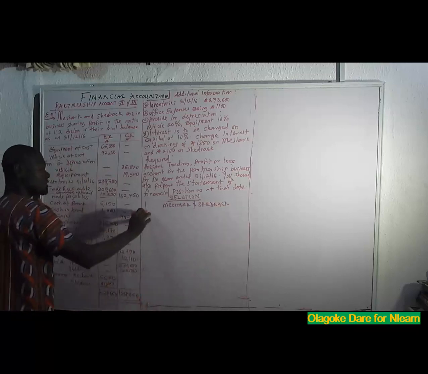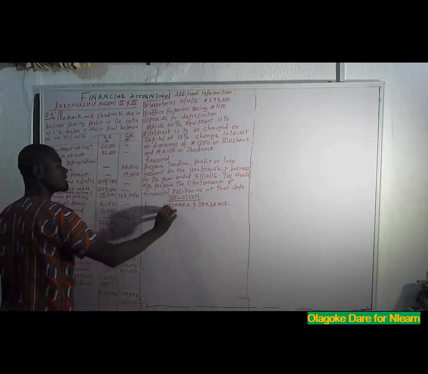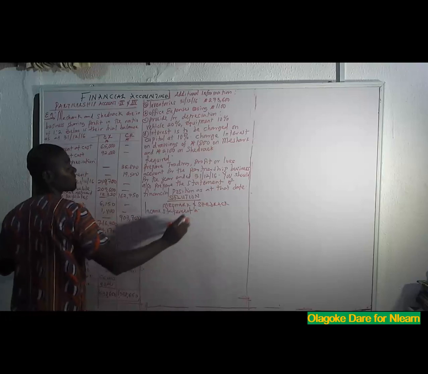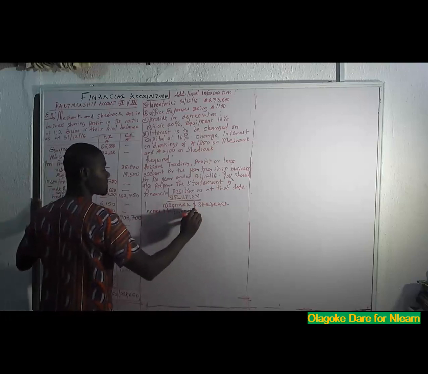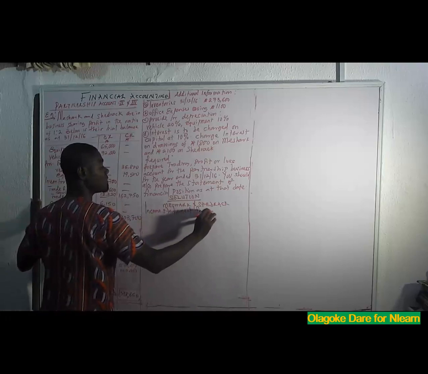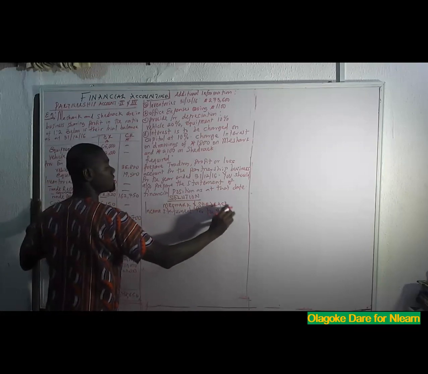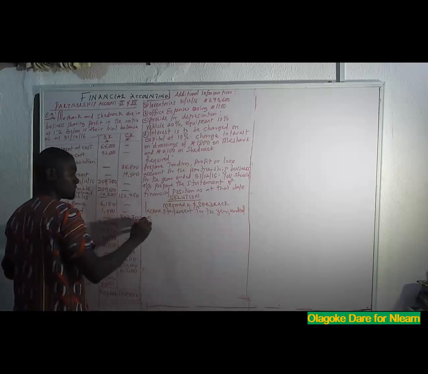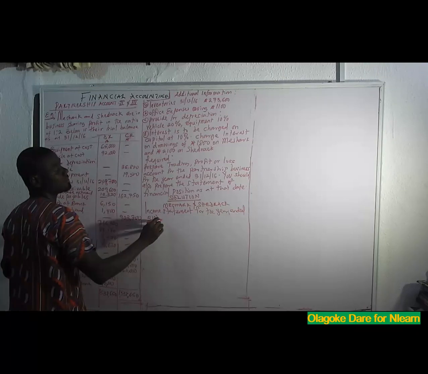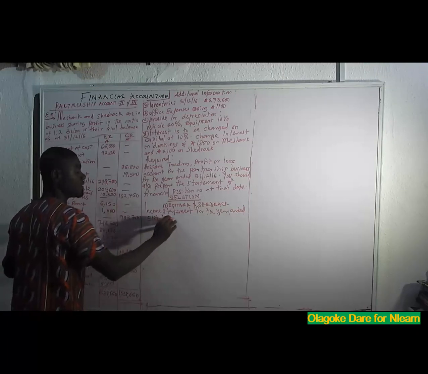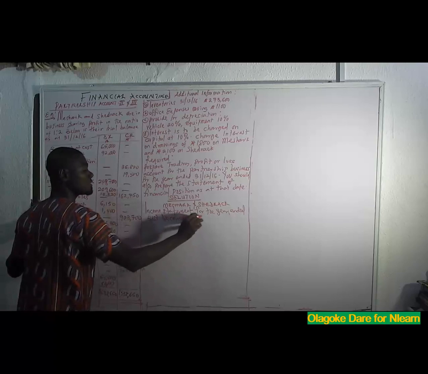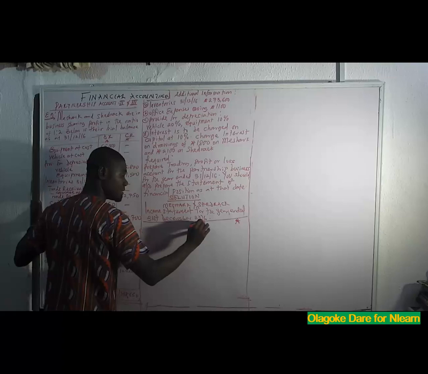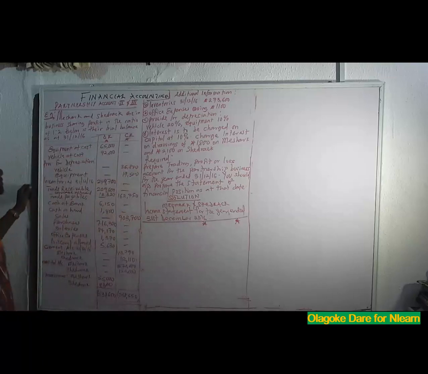So our income statement for the year ended 31 December 2016. So I have it this way, like this, like that.